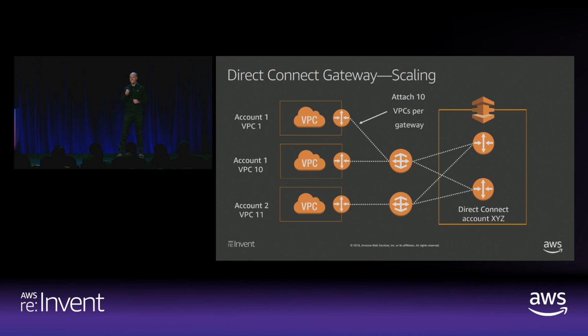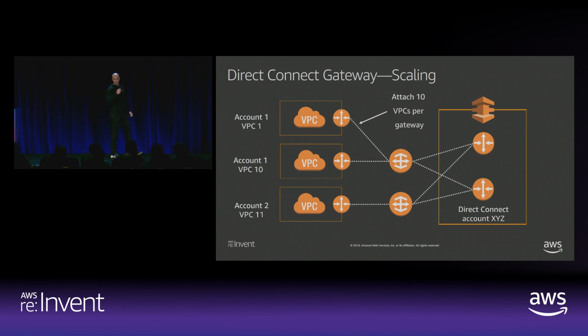A Direct Connect gateway is similar to the VGW in that it's a logical distributed router construct. You need to apply the correct level of redundancy from your customer gateway to the Direct Connect gateway. We will handle the redundancy from the Direct Connect gateway to the VGW and VPC attachment.